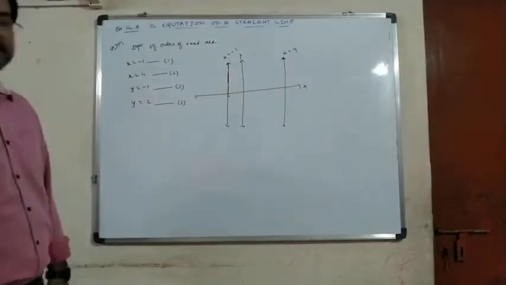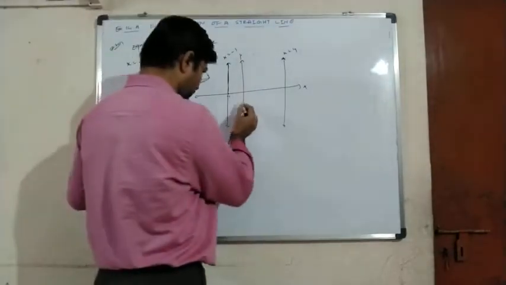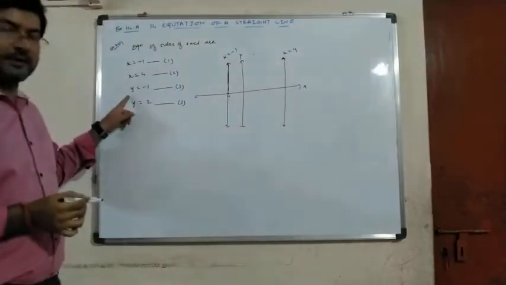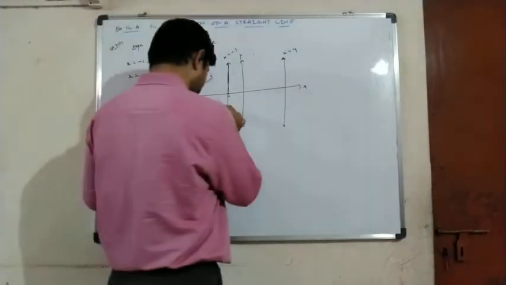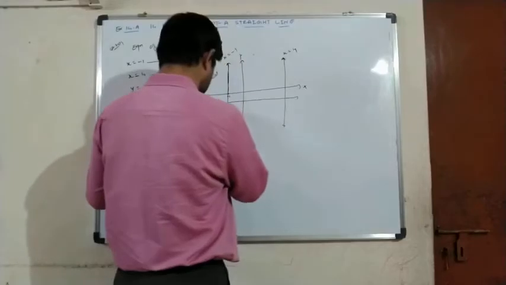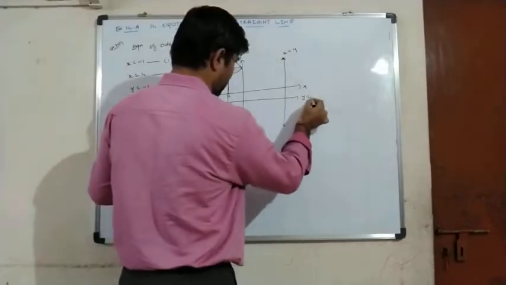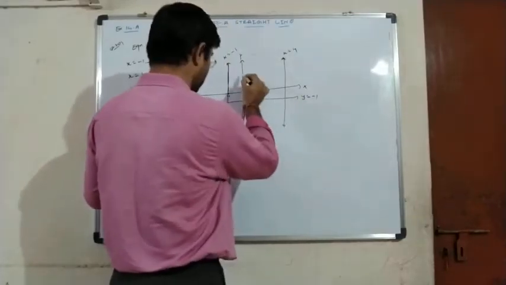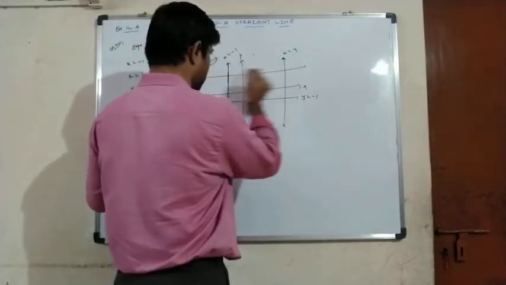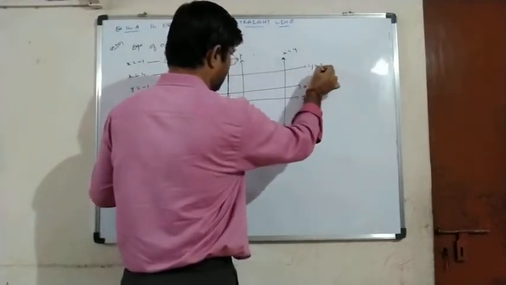The third line is y = -1. Obviously this line is parallel to the x-axis, y = b. And the fourth line is y = 2.